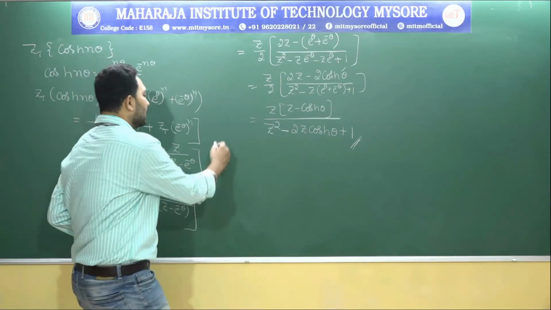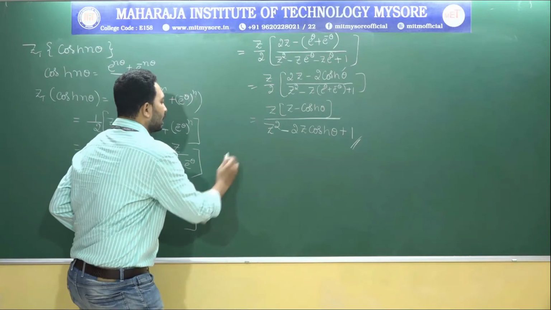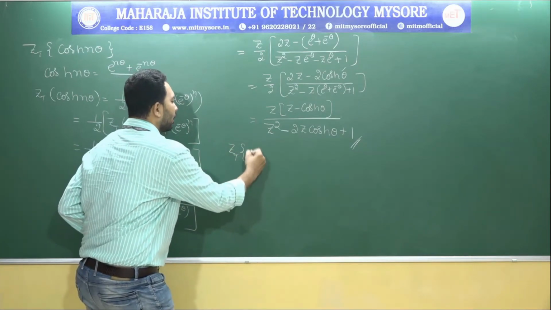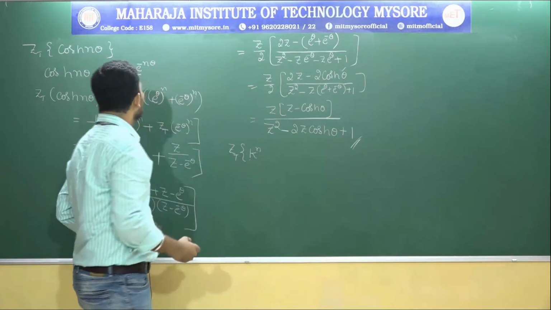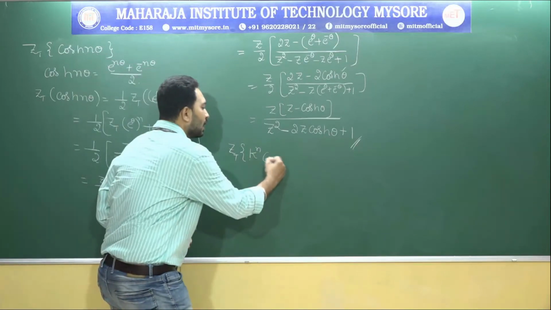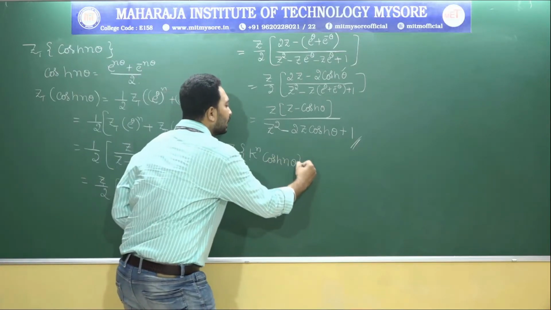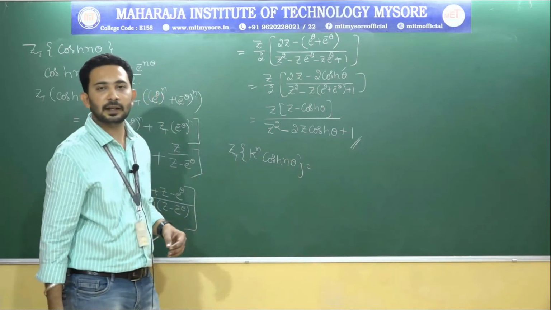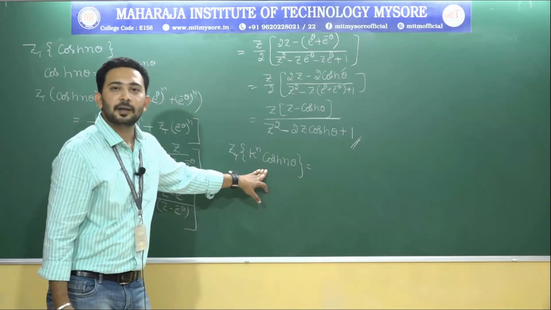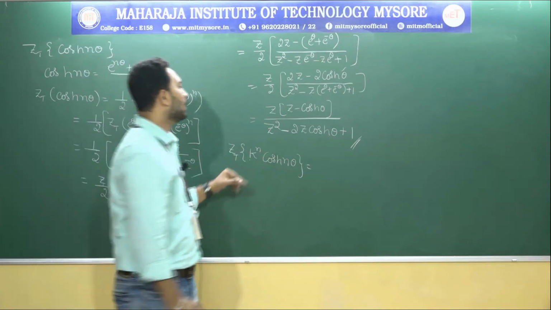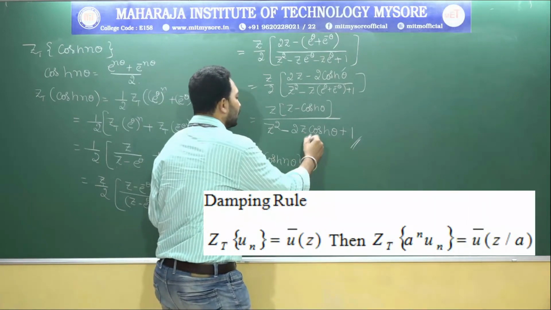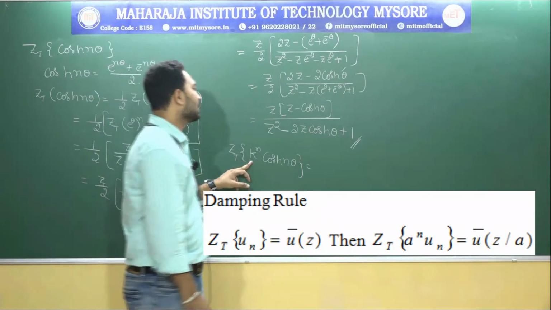If we have to find the z transformation of k power n into cos hyperbolic n theta, then by applying the damping rule we can solve this.